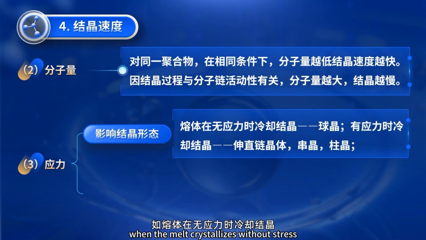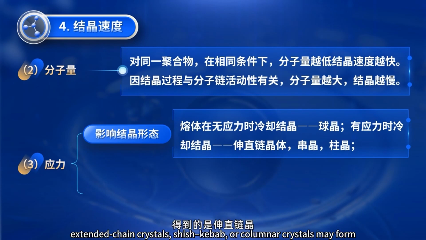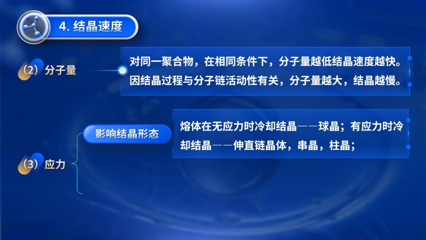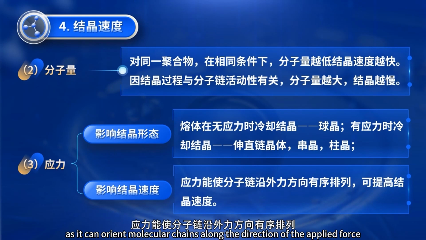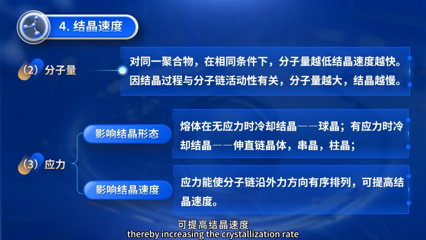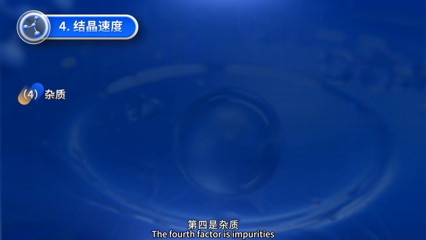When the melt crystallizes without stress, spherulites are formed. Under stress, extended chain crystals, shish-kebab, or columnar crystals may form. Stress also influences crystallization rate, as it can orient molecular chains along the direction of the applied force, thereby increasing the crystallization rate. The fourth factor is impurities.